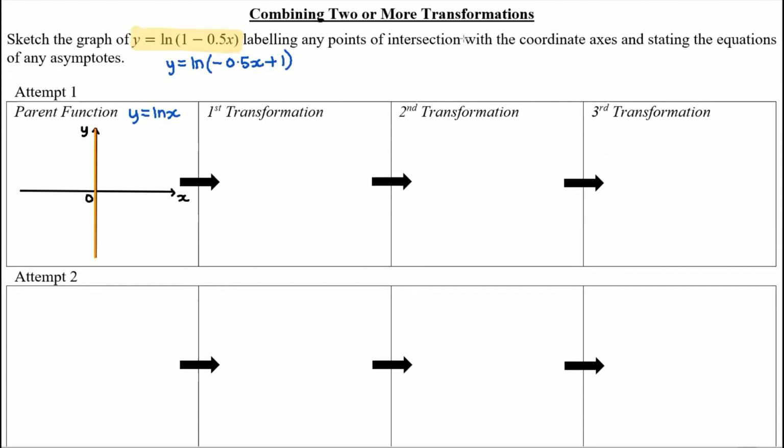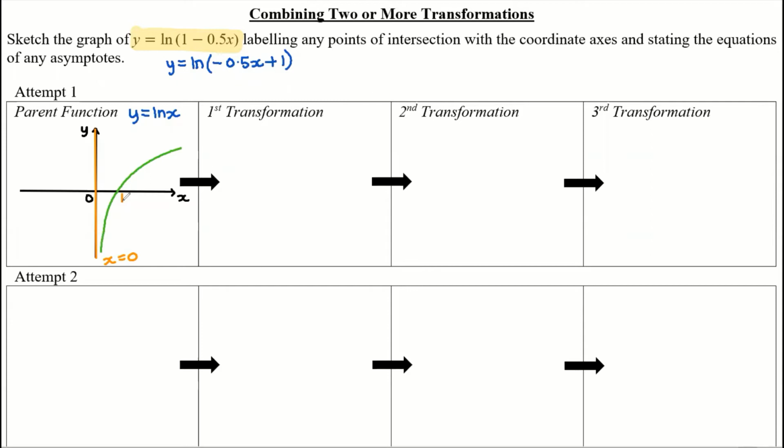It's the line x equals 0. Okay, so that's where the asymptote is, which we have to label according to the instructions. So the parent function is going to look like this, and it's going to cut the x-axis at x equals 1. Okay, so that's y equals the natural log of x.